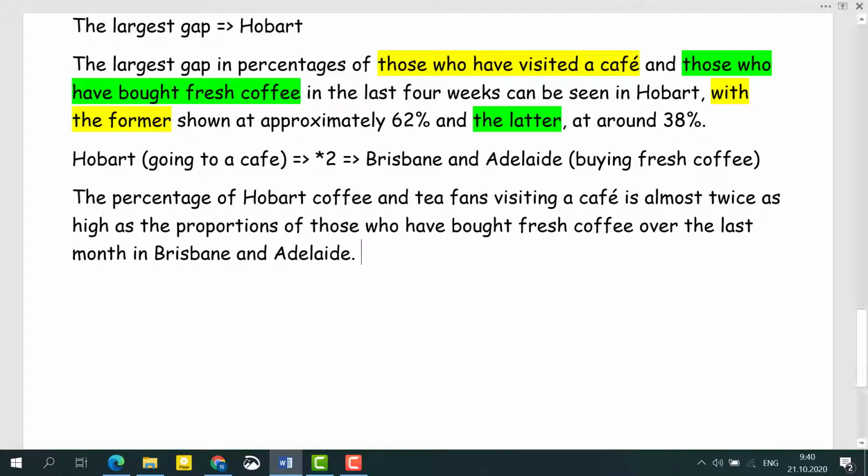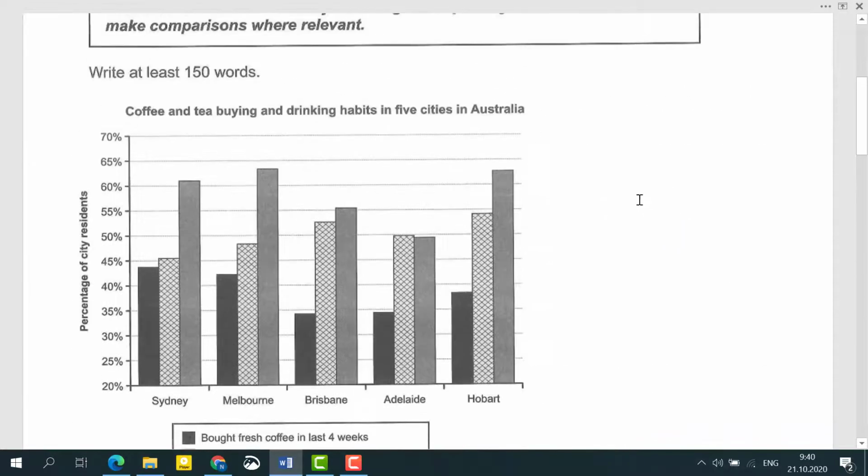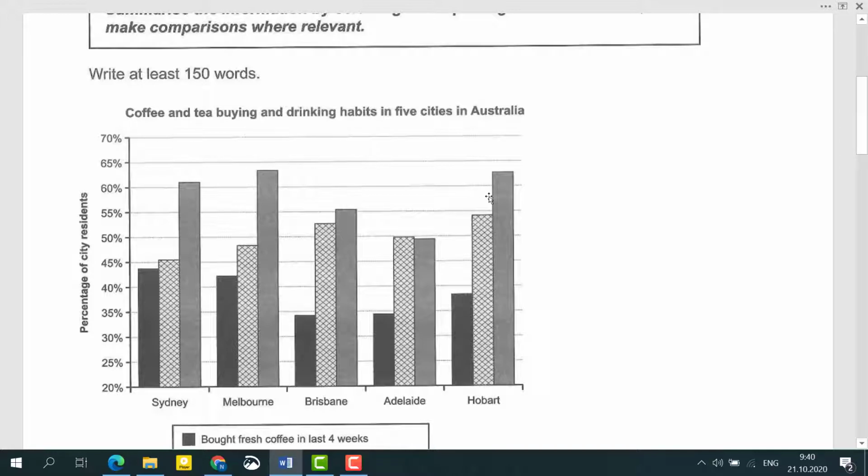Okay, here we go. So the percentage of Hobart coffee and tea fans visiting a cafe is almost here twice as high as, okay, twice as high as. So here we have about 62%. Here we have, let's say 33%.